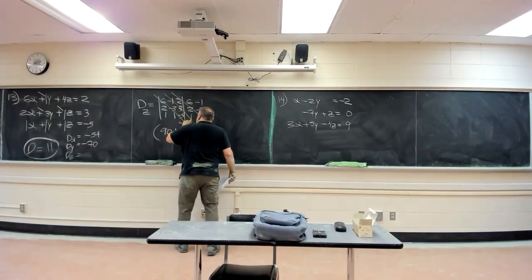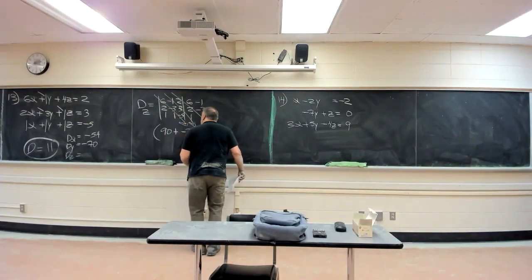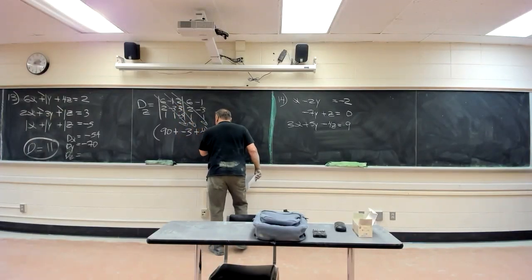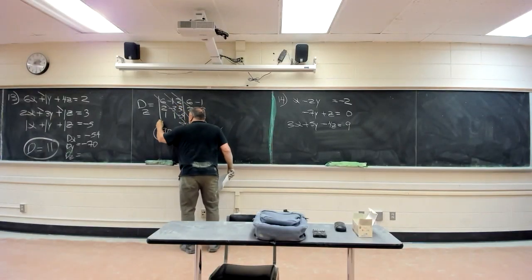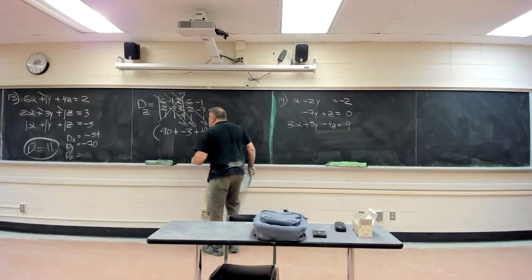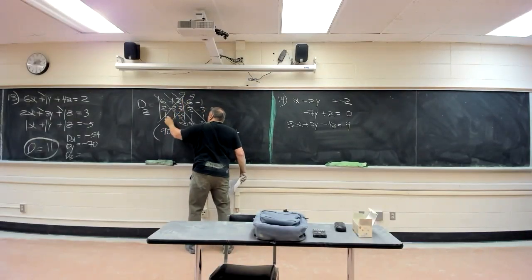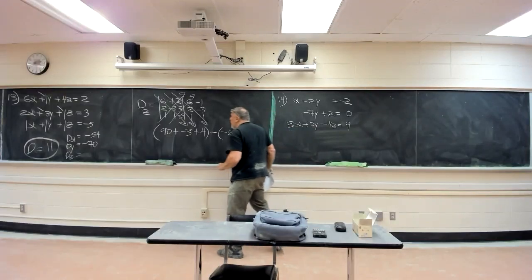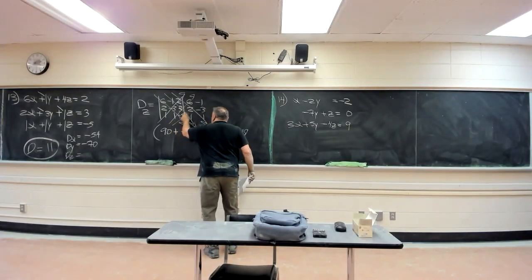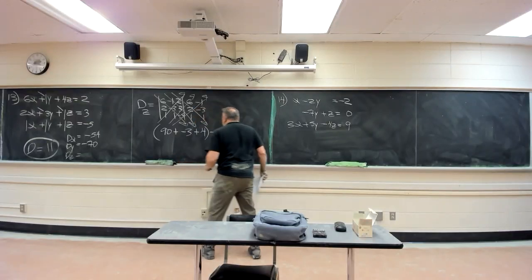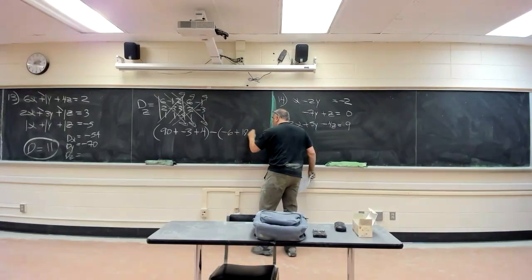Negative 1 times 3 times 1 is negative 3. 2 times 2 times 1 is 4. 1 times negative 3 times 2 is negative 6. 1 times 3 times 6 is 18. Negative 5 times 2 times negative 1 is going to be 10.